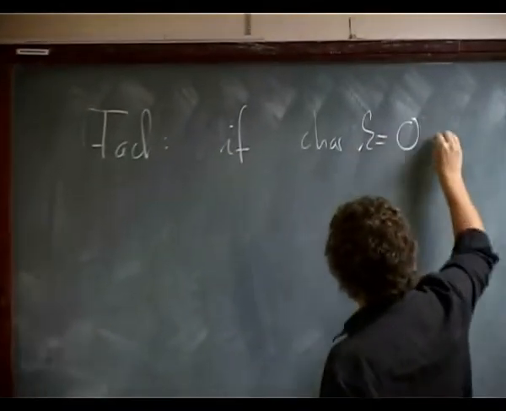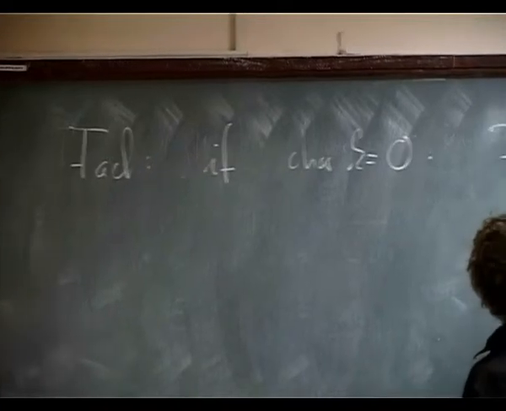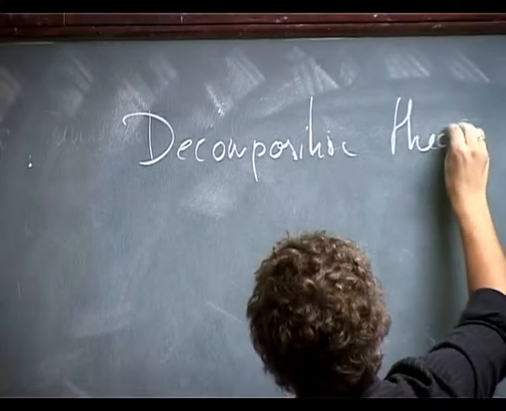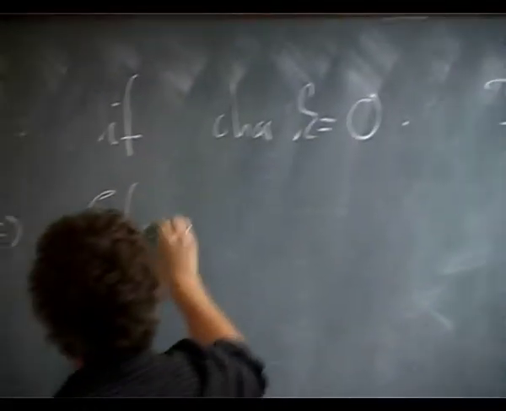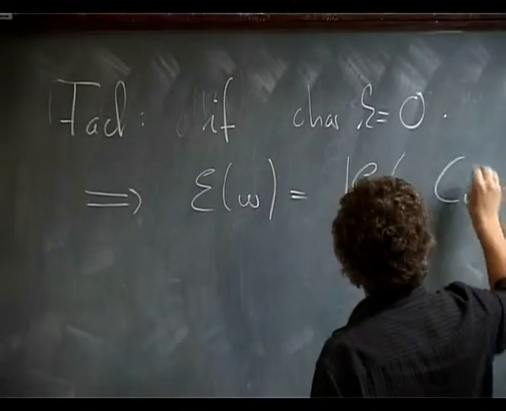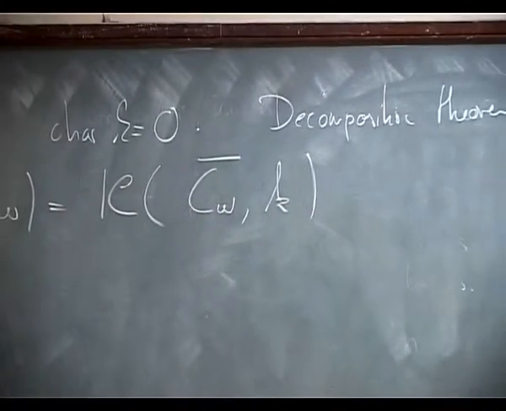If the characteristic of K is 0, then the decomposition theorem in algebraic geometry implies that EW is the same as the intersection cohomology complex on CW bar with K coefficients. And this is now a characteristic 0 statement.